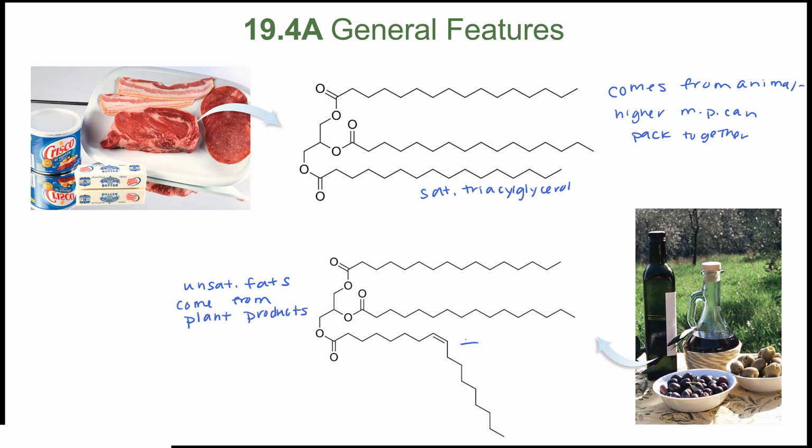So there's one unsaturated one here, but it's made up of also the saturated. And these ones come from plant products, like I mentioned. They have lower melting points because they don't pack together as well.